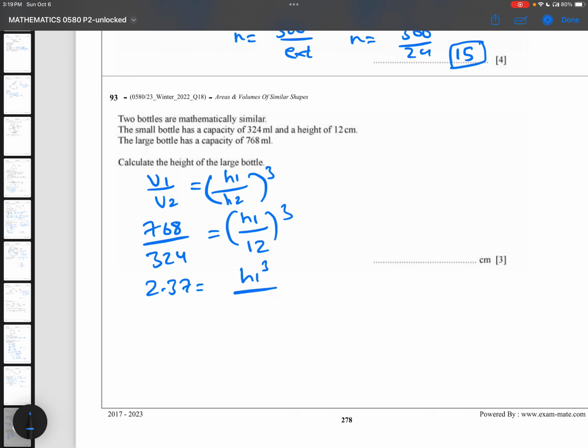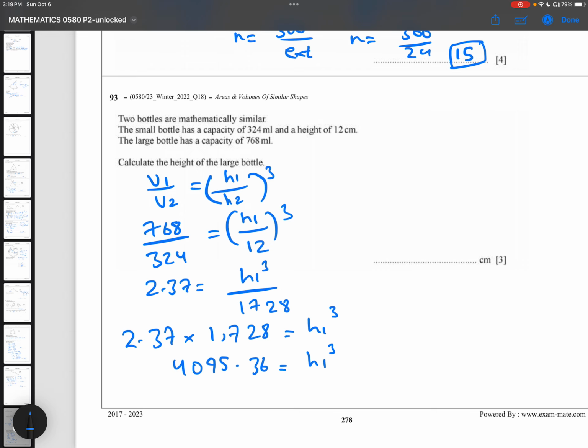This will be equal to H1 cube upon 12 cube, and 12 cube is 1728. So now 1728 will be multiplied with 2.37. This will be equal to H1 cube. When I multiply these two numbers, I will get 4095.36 is equal to H1 cube.